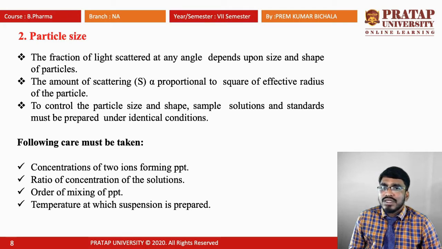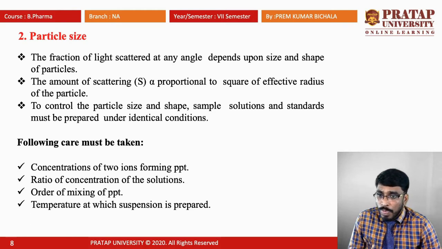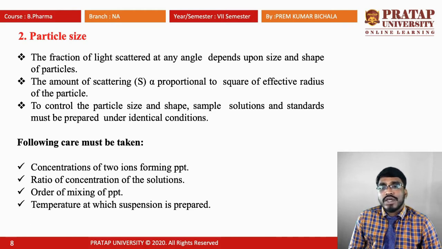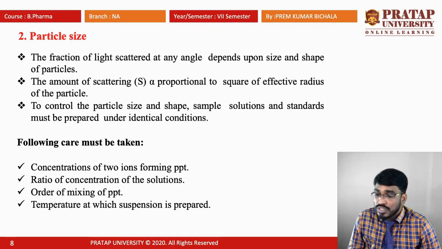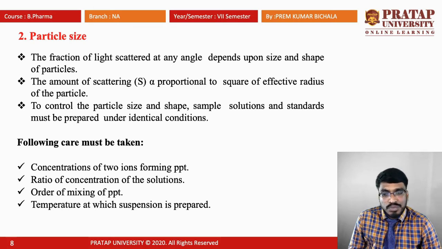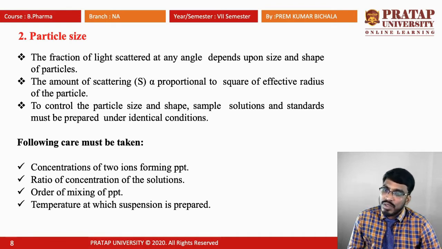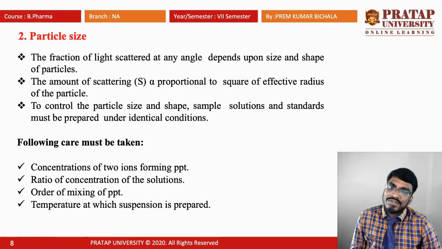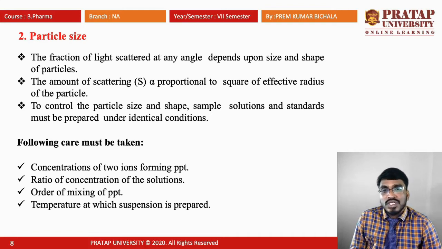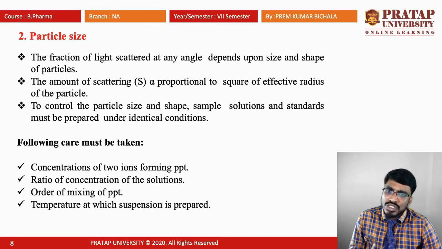When preparing the solutions, you should take care of the following conditions: the concentration of the two ions forming the precipitate, the ratio of concentration of the solutions, the order of mixing for precipitation, and the temperature at which the suspension is prepared. When you take care of these conditions, you can get proper determination of the scattered and transmitted light intensities.